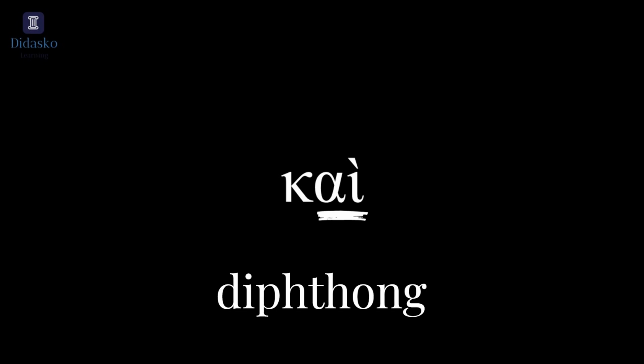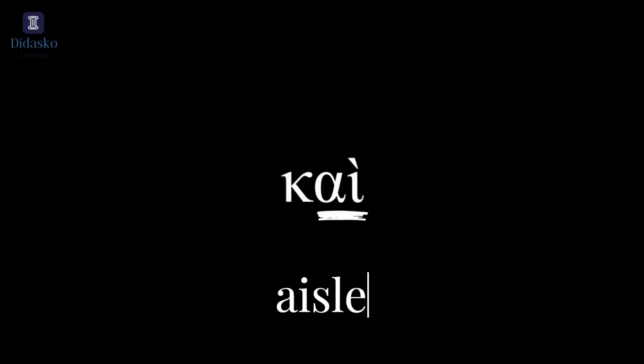This is called a diphthong, which is a word that's fun to say, hard to spell. We have these in English too, sort of like the English word aisle. We don't say a-i-zl, we say aisle. It's all pronounced together. So that is similar in Koine Greek. They have diphthongs as well.